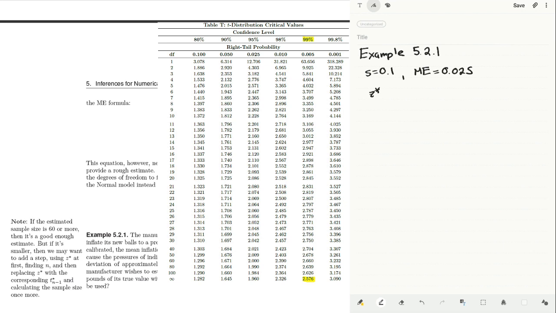So we can actually use the t-table to find the critical values for the normal model. At the very bottom of the t-table gives us infinite degrees of freedom, which corresponds to the critical values of the standard normal curve. So for 99% confidence, the critical value is 2.576.